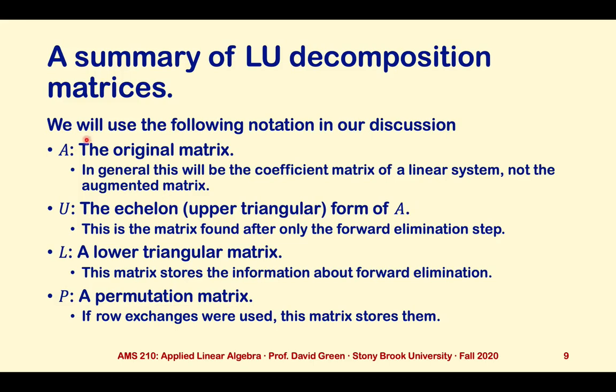So forward elimination takes us from A to U. We are also going to define 2 additional matrices: a matrix L, which will be a lower triangular matrix that stores almost all of the information about forward elimination, and a matrix P that is a permutation matrix, which will store any row exchanges. If we use row exchanges, they will be stored in P. All of the other steps of forward elimination will be stored in L.